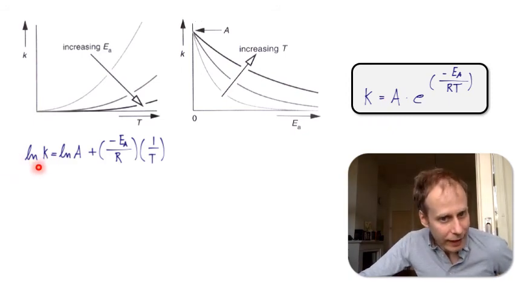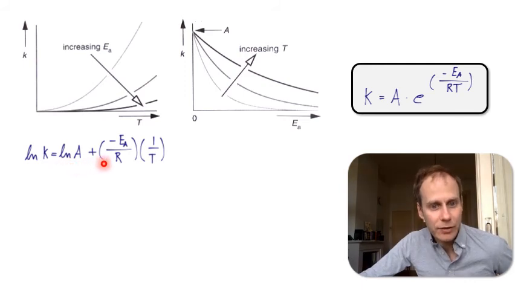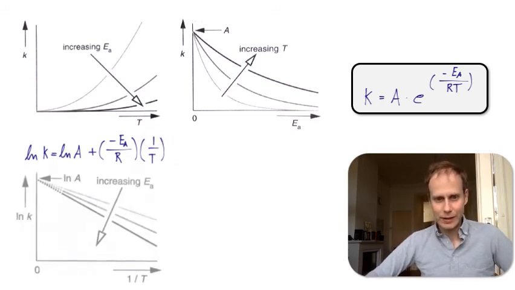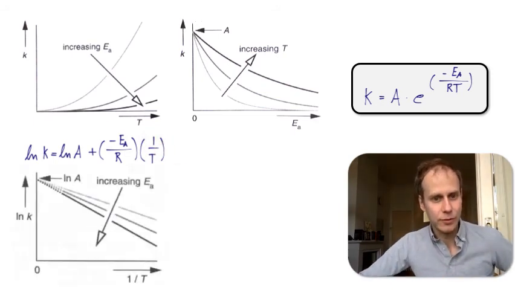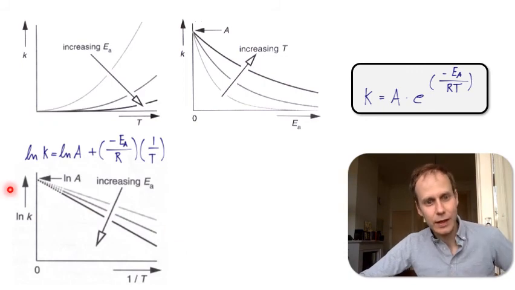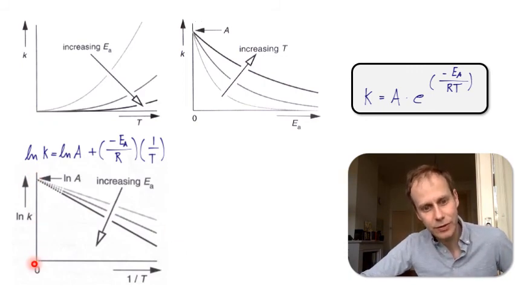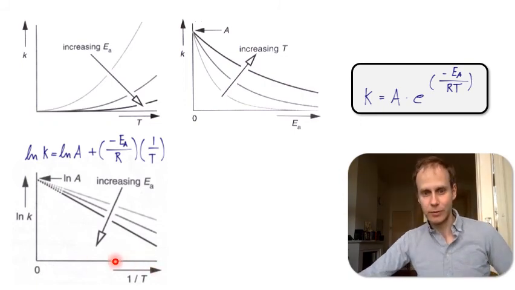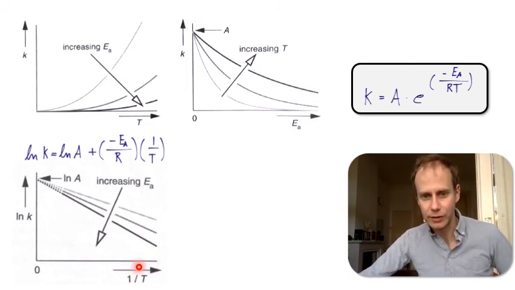The ln k has a linear dependence on the inverse temperature, 1 over T, right? And I can plot this here again. You see these are lines, and here's ln k on the y-axis, and here's 1 over T. I'm plotting 1 over T, not T, to see a linear trend.